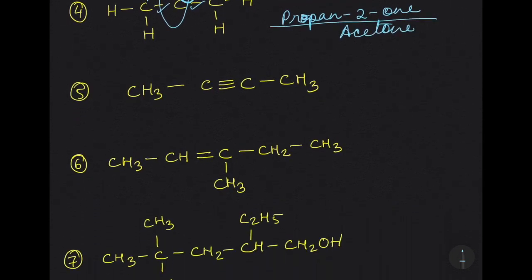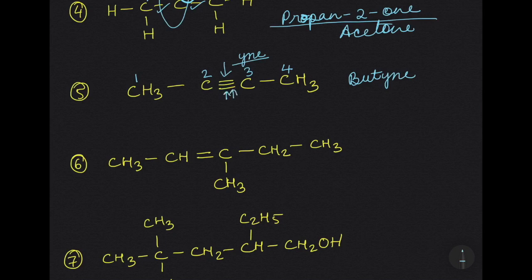Okay, now if you move on here, now we are coming on to a triple bond. Okay, if triple bond, you know, yne. Now 1, 2, 3, 4 carbon atoms. Okay, so 4 means but, yne, because there is a triple bond here.